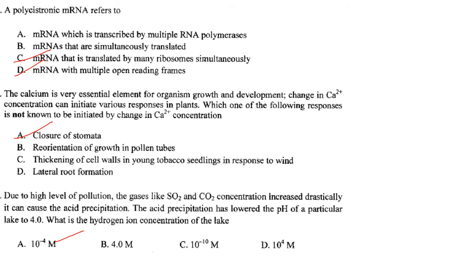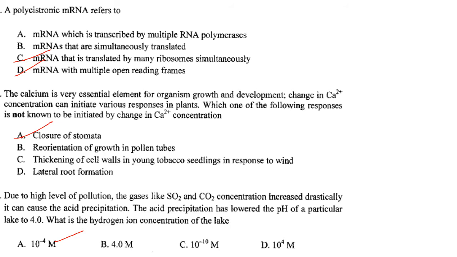Then next one. Due to high level pollution, the gases sulfur dioxide, SO2, and carbon dioxide, CO2, concentration increased drastically. It can cause acid precipitation. The acid precipitation has lowered the pH of a particular lake to 4. What is the hydrogen ion concentration of the lake? So they have given the pH of the lake is 4, and pH is equal to minus log concentration of H+.